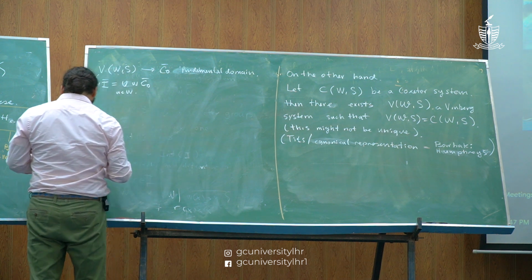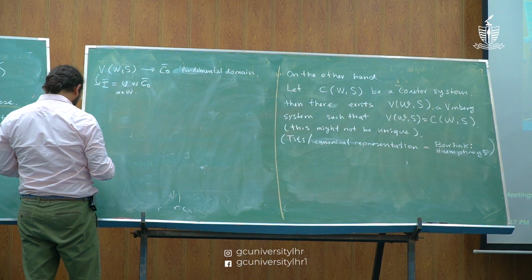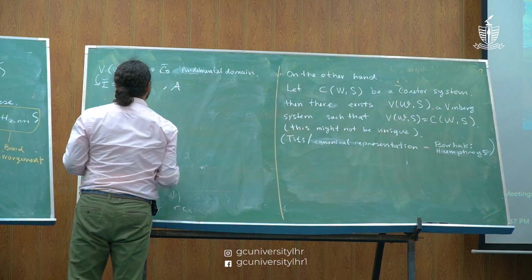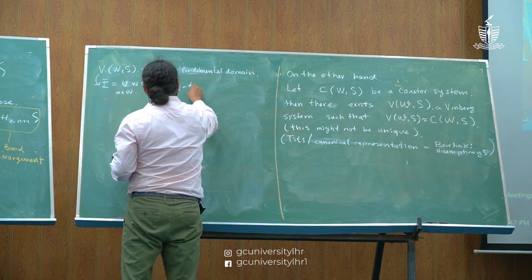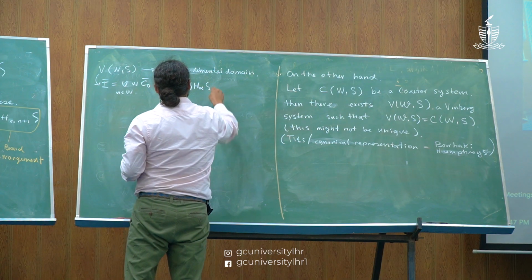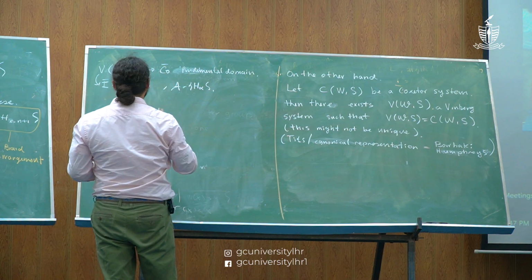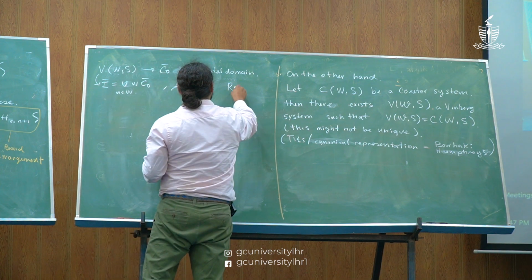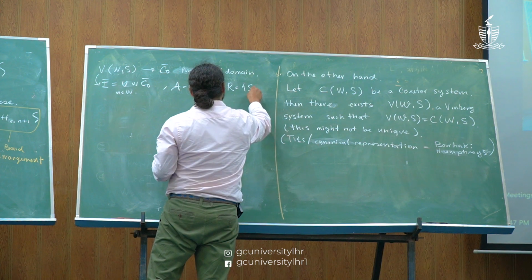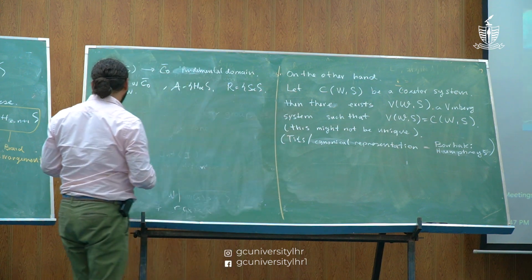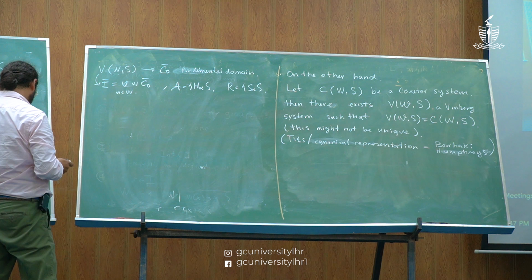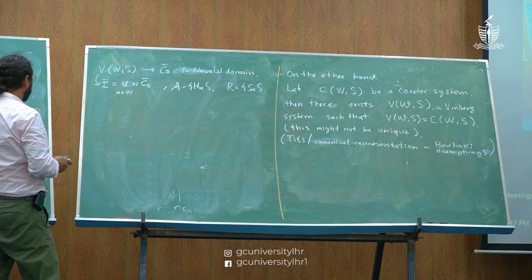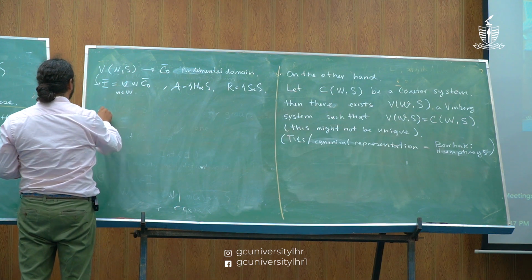Okay. Then we have this. What are the ingredients? We have the cone, we have our hyperplane arrangement, and the reflections. Okay. Then we will define this space.